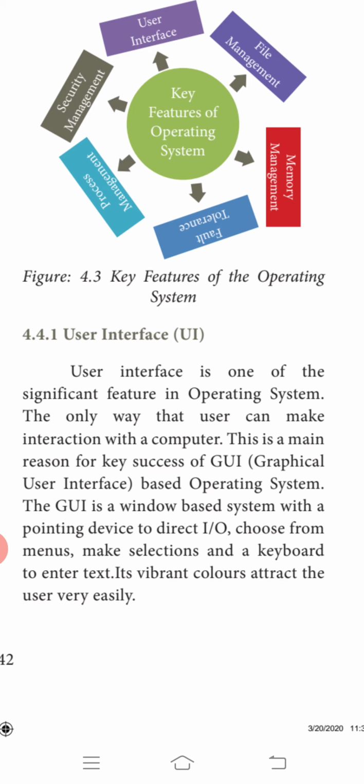And the main thing in the user interface is the GUI, that is, the graphical user interface. The function of the graphical user interface is to direct the input and output devices. It lets the user choose menus and make selections using the keyboard and text.